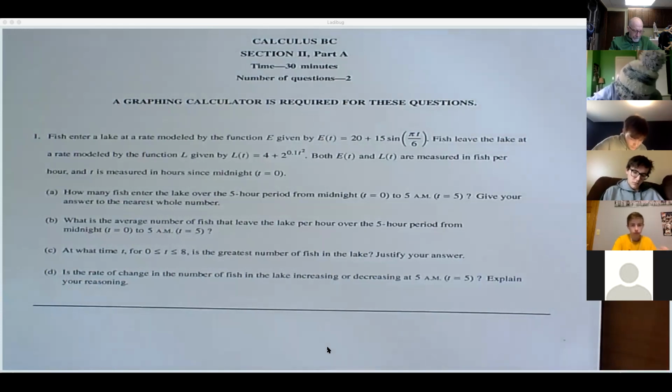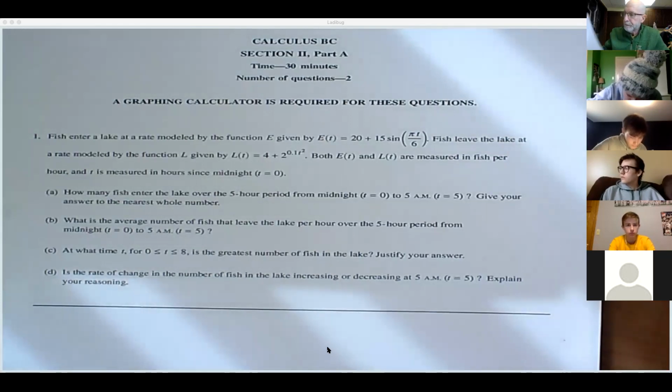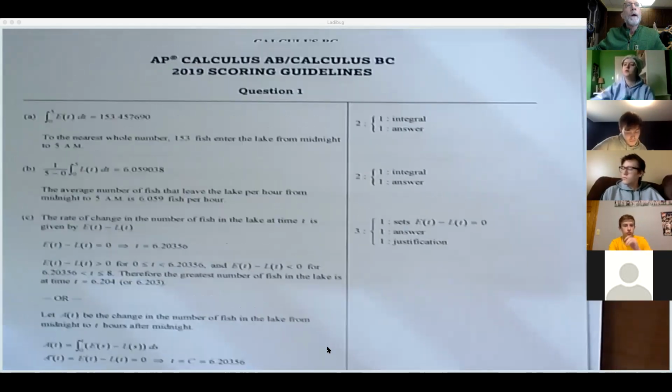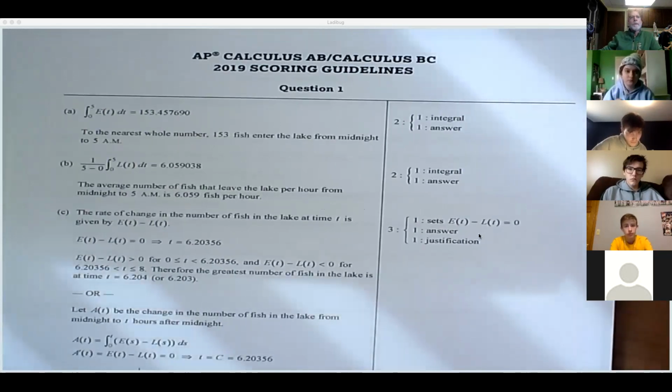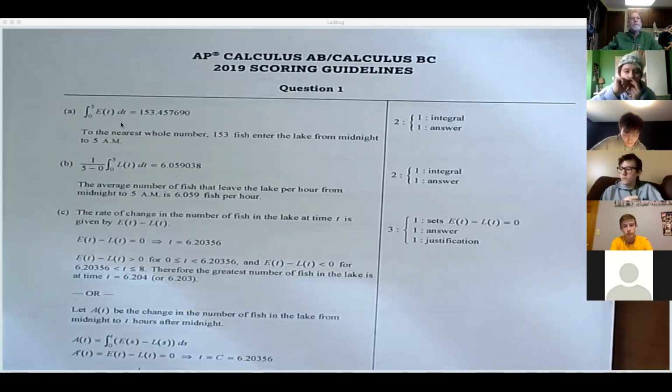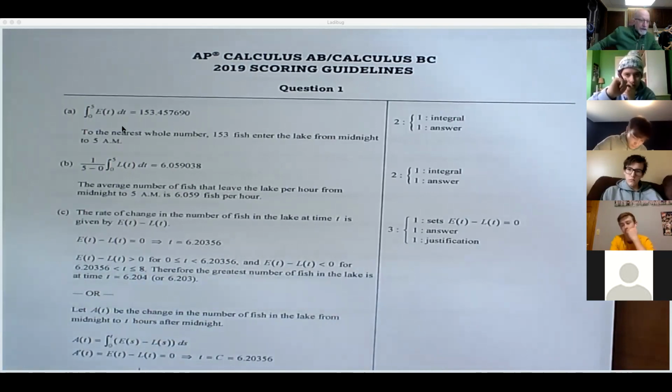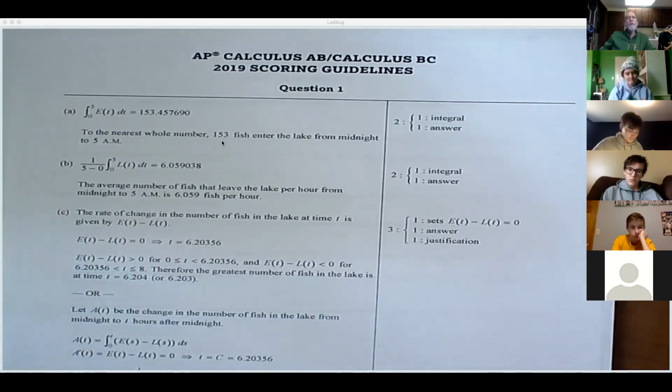All right. Stop. So let's take a look at this one. So A is worth 2 points. You need to have this integral, and you need to have the answer. Now, we had a discussion at the AP conference, and if you don't round to the nearest whole number, they will not give you credit.